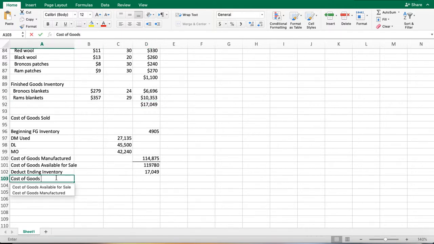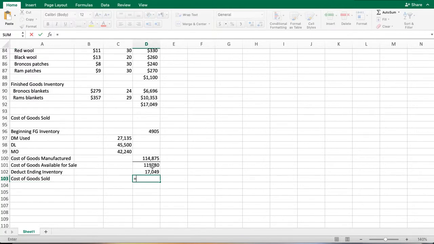Then that gives me my cost of goods sold. Cost of goods that I could have sold minus what I have left gives me my cost of goods sold, or $102,731. That's $42,250. There we go.